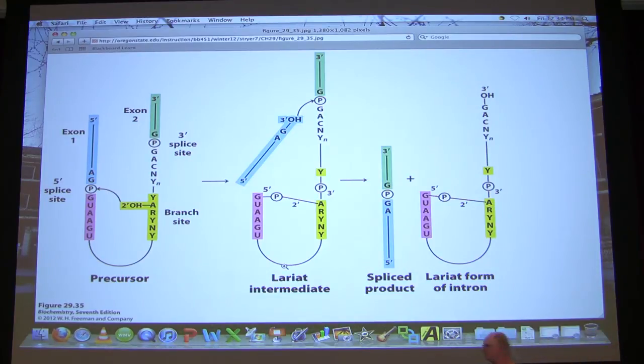Now, the mechanism that's involved in this is, first of all, a nucleophilic attack. The nucleophilic attack occurs by a hydroxyl that is always on the A in the middle of that pyrimidine-rich region. The nucleophilic attack is on the phosphate at that junction.